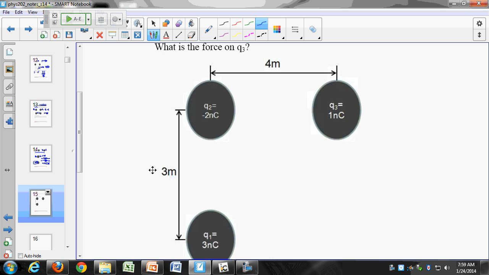The force on Q3 due to particle 2 is going to look like that. I know that it's to the left. Why do I know it's to the left? I have a positive and a negative, so they're going to be attracted to one another. So F32 is to the left, and F31 is up and to the right, like this.